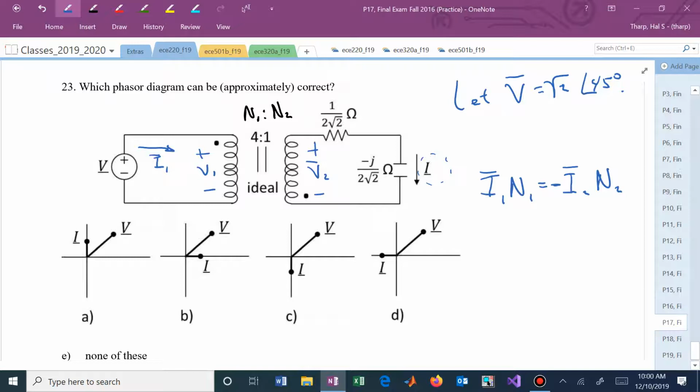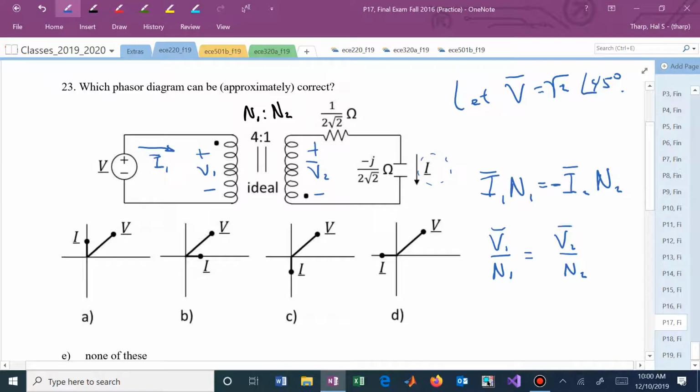What about our voltages? Our volt turns, and that's V1, which is just V. Let me just say V1 over N1 is equal to V2 over N2. And now what do we want for the sign there? For voltages, we want the polarities to match at the dots.